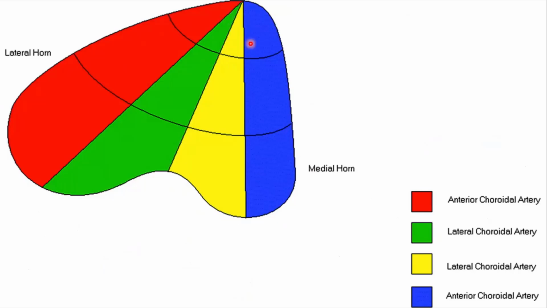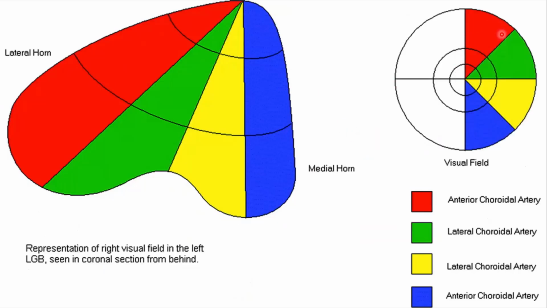And these are the corresponding visual field representations of the particular portions. The color coding is self-explanatory. The red one is what we saw earlier. The outermost part of the lateral geniculate body corresponds to the most superior part of the visual field.